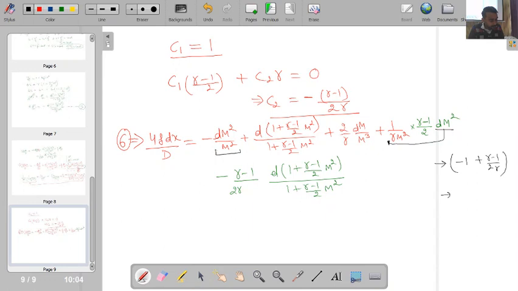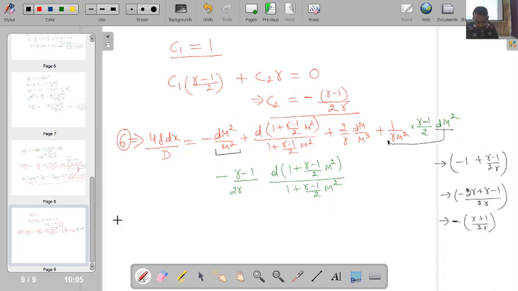And this will become minus of (2 gamma plus gamma minus 1) by 2 gamma. So if I take the minus sign outside, I will get minus of (gamma plus 1) by 2 gamma. Is it clear? What I have done in this dm square by m square, I have taken minus 1 as the coefficient out, and here the coefficient in dm square by m square is (gamma minus 1) by 2 gamma. If I do the algebraic manipulation, this comes to minus of (gamma plus 1) by 2 gamma.